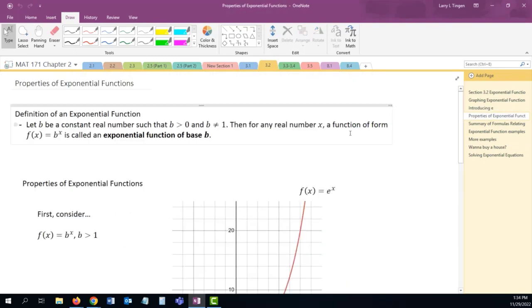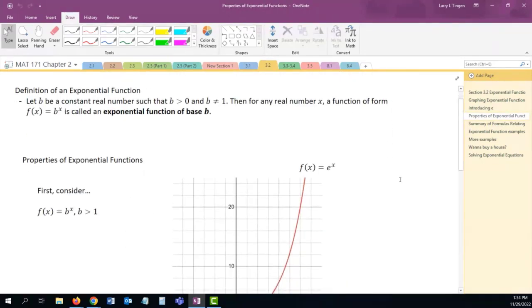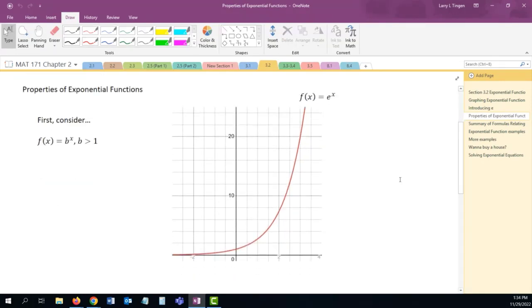Now, here is again the same definition from the first or second page. B is greater than 0, B is not 1. Then I have an exponential function of base b. So I have to consider two properties. The first one, this graph is of f of x is e to the x. And what's going on here is that my base is greater than 1.